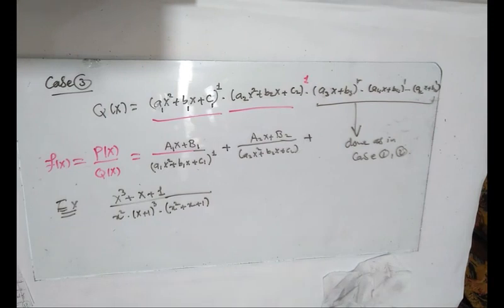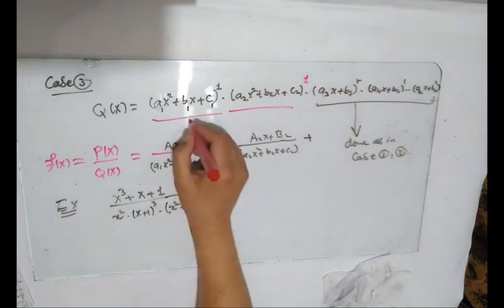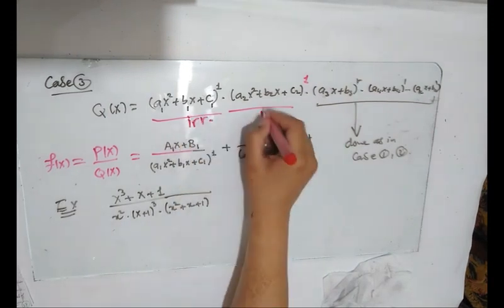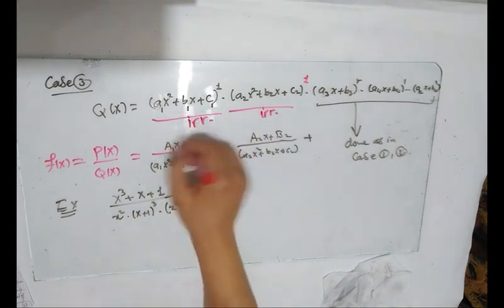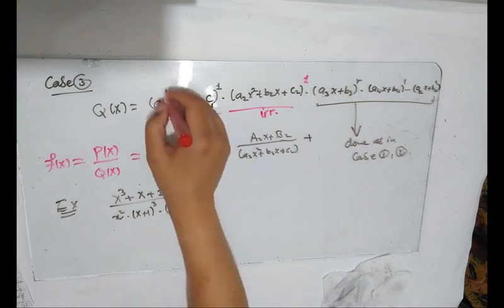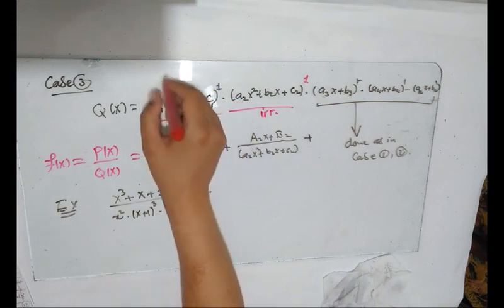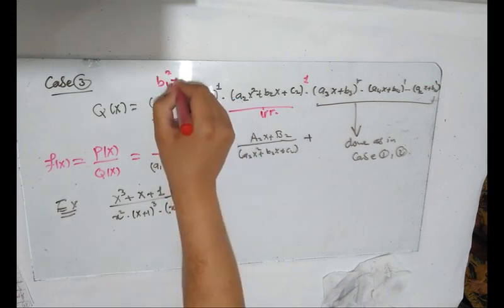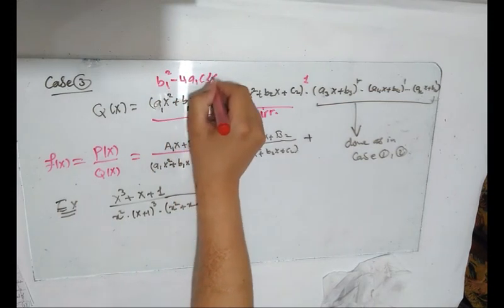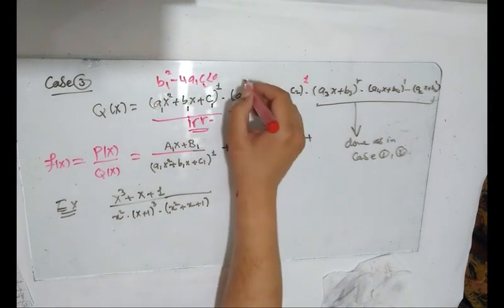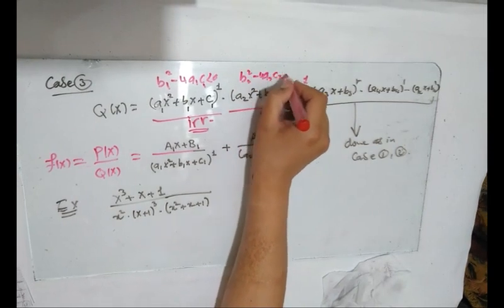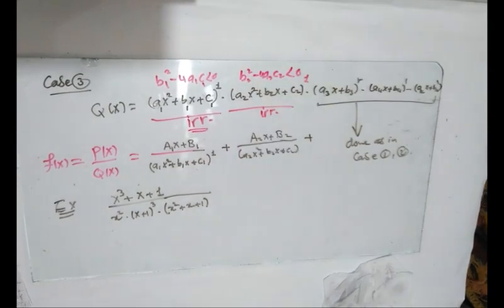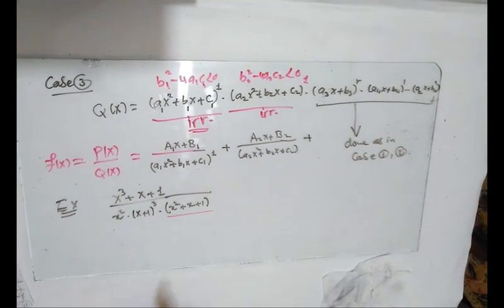I forgot to say something: this factor is irreducible and this factor is irreducible, so I cannot factorize this into two linear factors. The word irreducible here is equivalent to saying that b1 squared minus 4a1c1 is negative, and the same here, b2 squared minus 4a2c2 is negative.